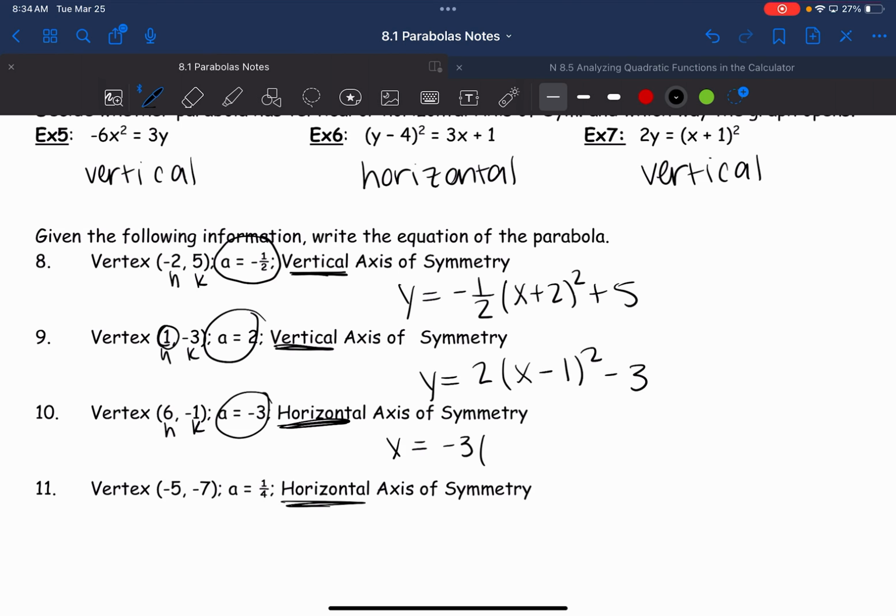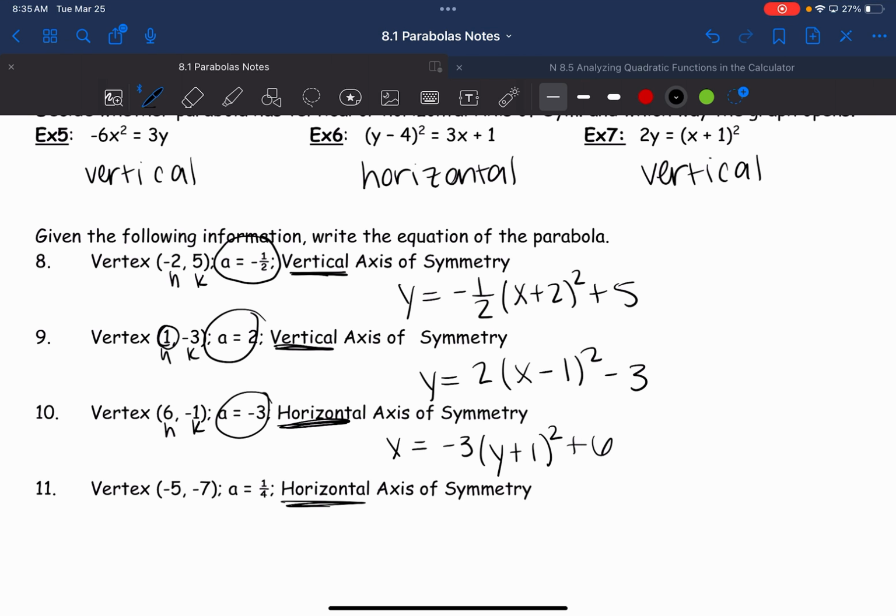But remember, when it's y inside of there, y is vertical, which goes with k, right? So this time I'm going to put k in that parenthesis. So I would have y plus 1, because it's still opposite of what we think since it's in the parentheses, quantity squared. And then we'd have our plus 6 on the end, right?